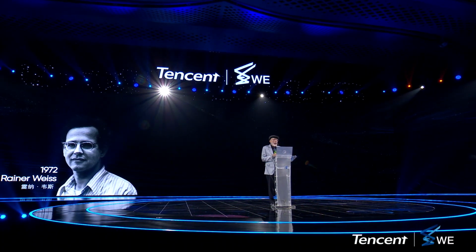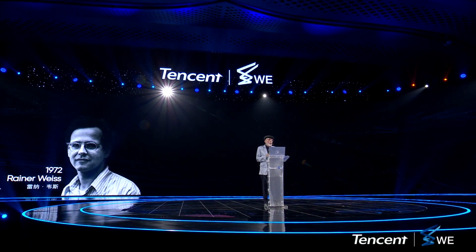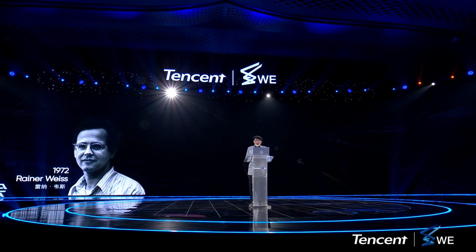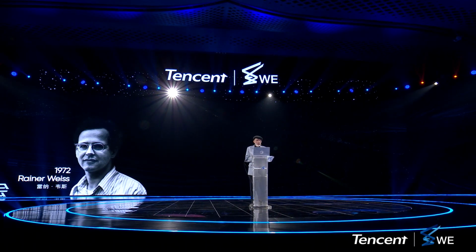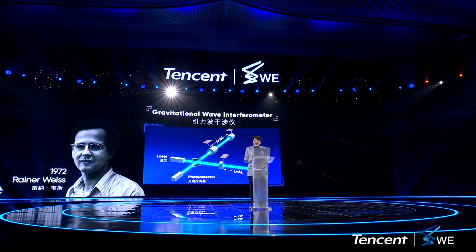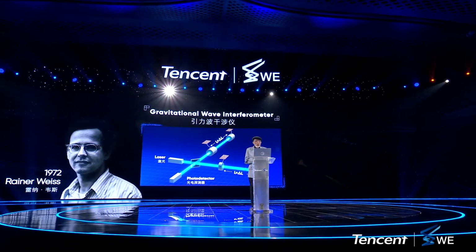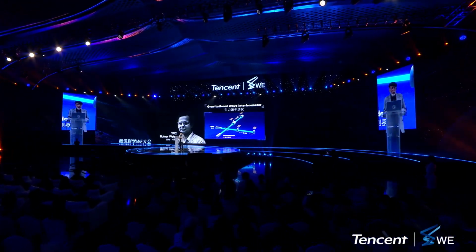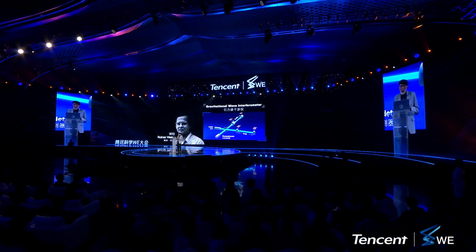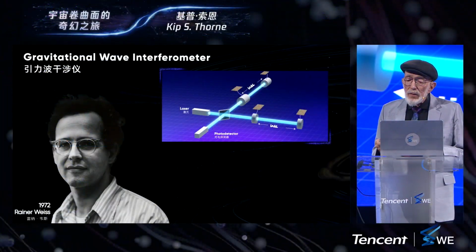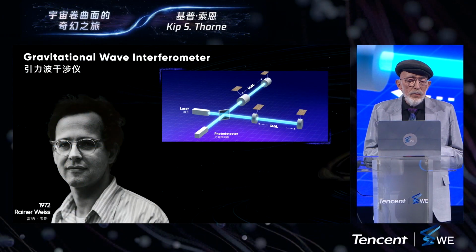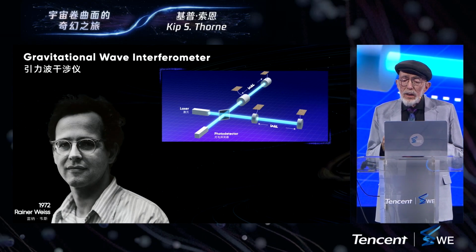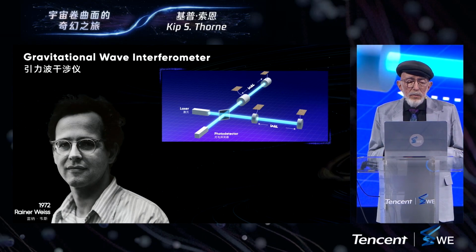In that same year, 1972, my friend Ray Weiss at MIT invented the type of gravitational wave detector that would ultimately succeed. 4 mirrors hang from overhead supports, 2 along each arm of an L. A gravitational wave stretches 2 mirrors apart while squeezing the other 2 together, then the stretch and the squeeze oscillate. A laser beam monitors the stretch and squeeze by a technique called laser interferometry.